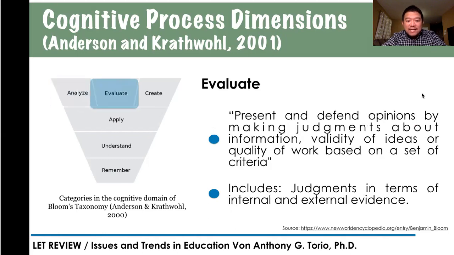The next is evaluate. With evaluate, the big idea here is judgment, making judgments about information, validity of ideas, or quality of work. And it includes judgments in terms of external and internal evidence.